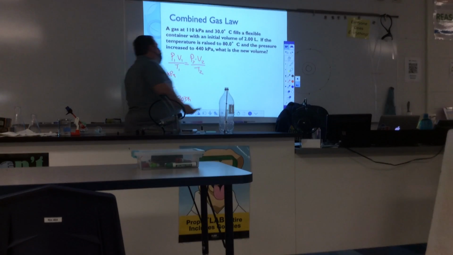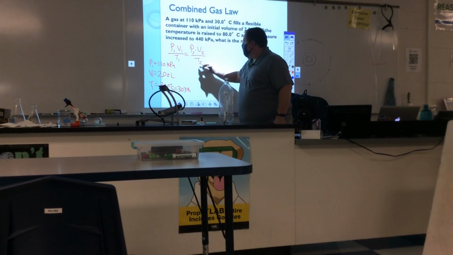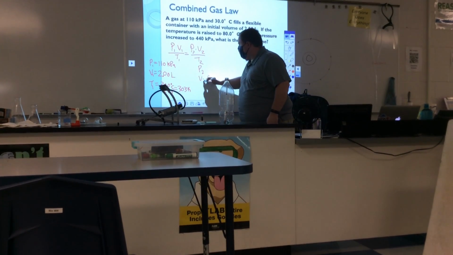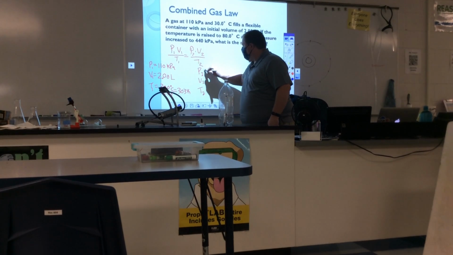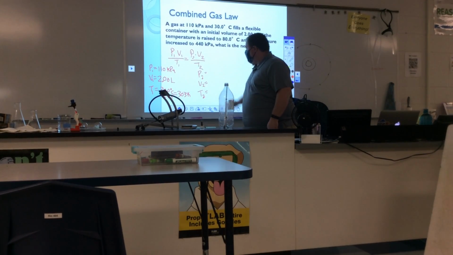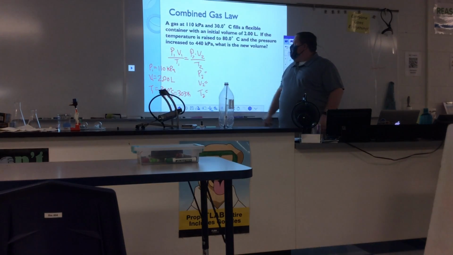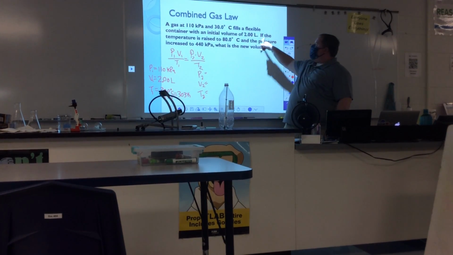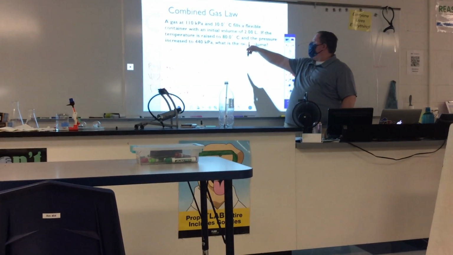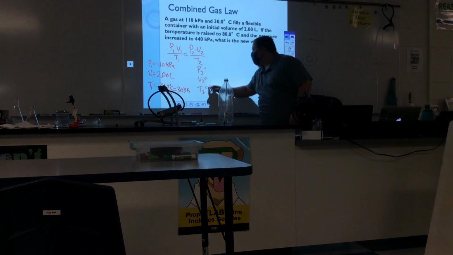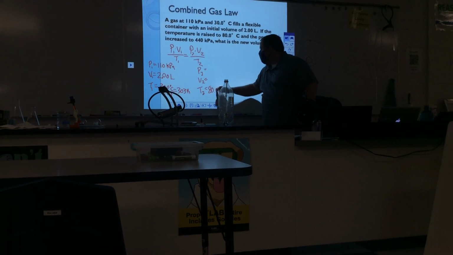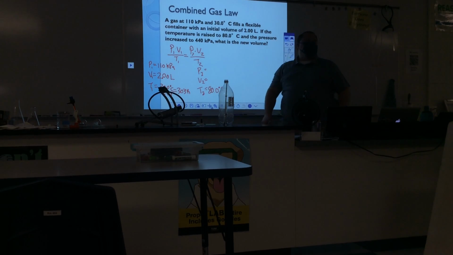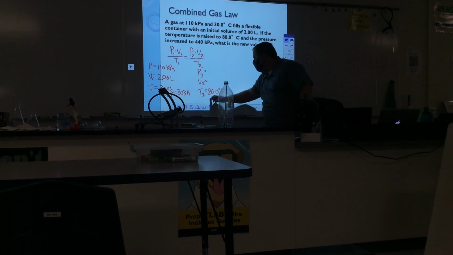The 2's. We got P2, V2, T2. So P2. If the temperature is raised to 80 degrees Celsius, actually that's T2. So 80.0 degrees Celsius. Change that to Kelvin. Add 273.